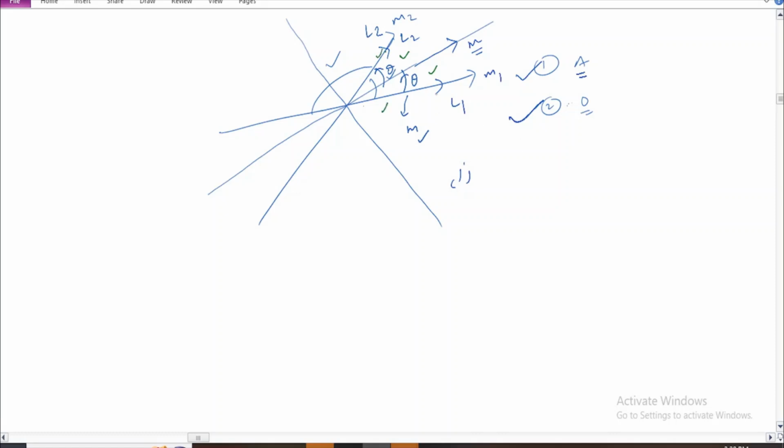So clearly theta equal to theta means (m2 minus m) upon (1 plus m2 m) is equal to (m minus m1) upon (1 plus m1 m), right? So you can see a term m here and this one is also a term m.